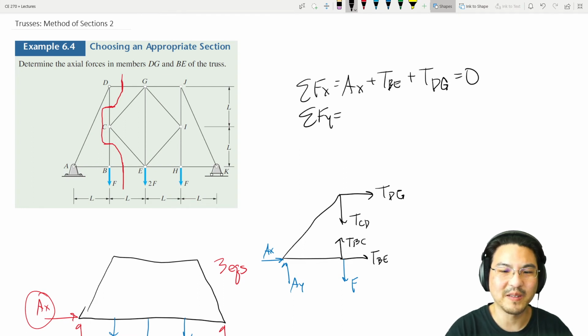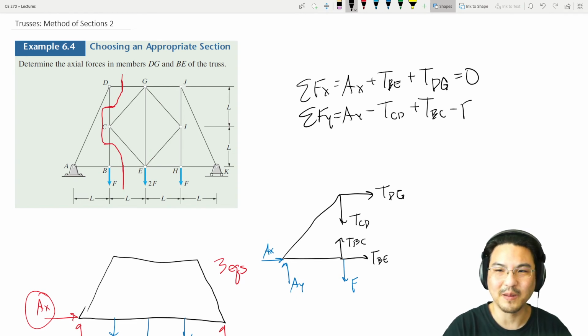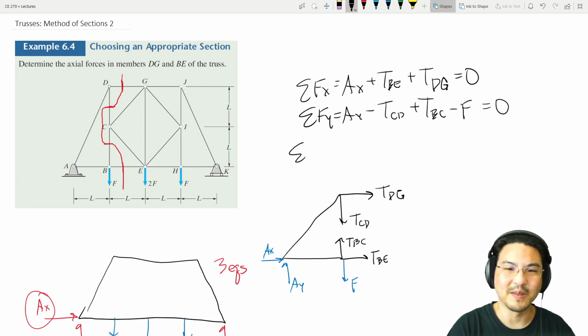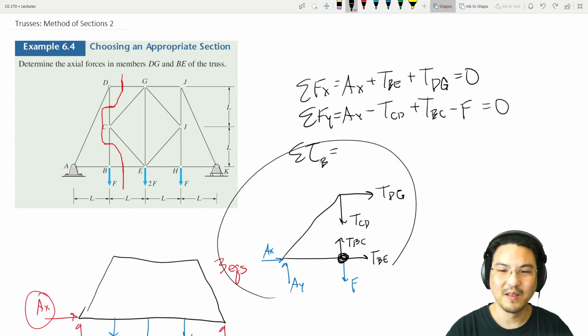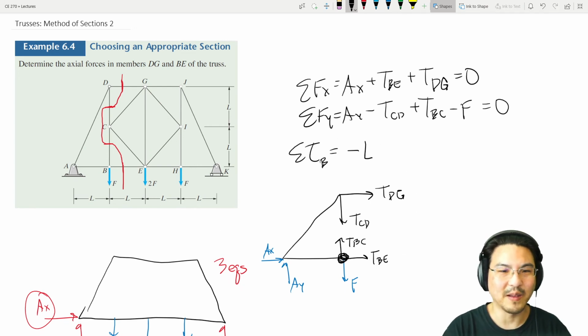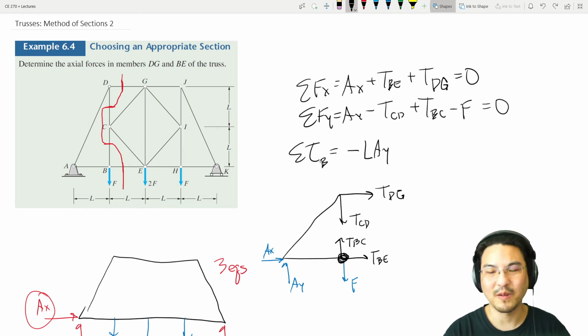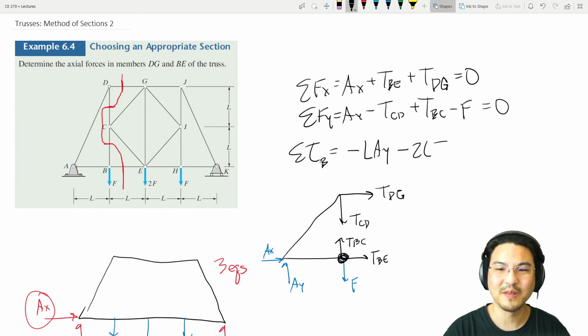Sum forces in the y direction, AY minus TCD plus TBC minus the load F. And then sum torque about right here, point B. So then there's torque by AY, which is going to be, here to here is L, and that'll be torque in the negative z direction, so negative L AY, and then there would be torque from this, which is 2L, also in the negative z, negative 2L times TDG, and that's it.